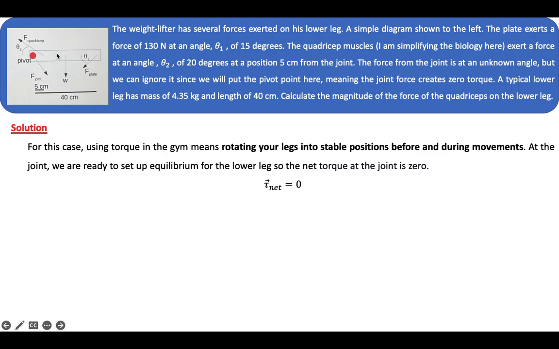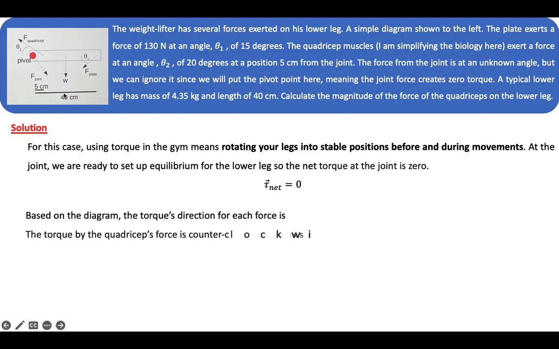Based on this diagram, we can see that there are 3 forces acting on the lower leg. The first is the quadricep force, the second is the lower leg weight, and the third is the plate force. Based on this, we can know the torque direction for each force.